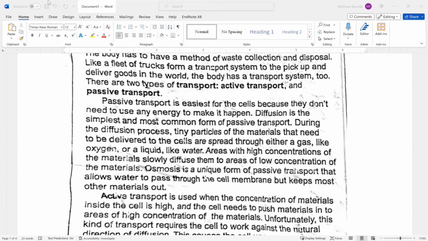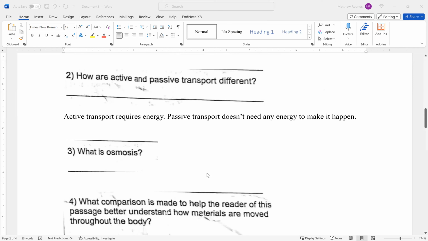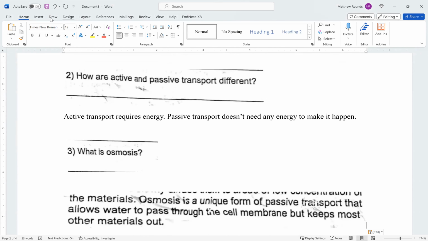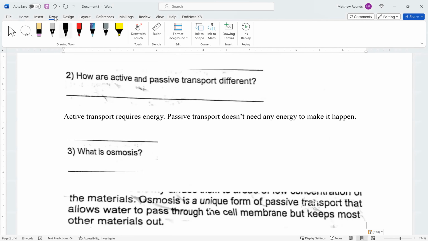Okay, guess what you're going to write for the answer to that question? What is osmosis? What do you think you're going to write for the answer? I don't know. Well, it's right there. It says osmosis is. You're going to write all of that down. That's what osmosis is. So everything in that sentence.